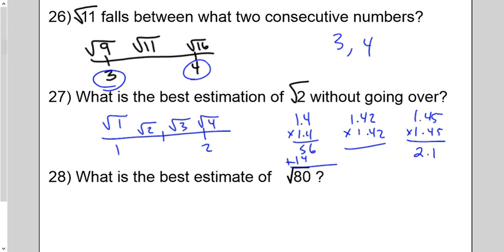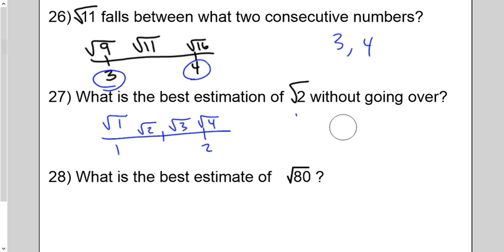After you're done with that, quickly you find that that's a little too big, but just barely. So 1.41 would get you just under 2.